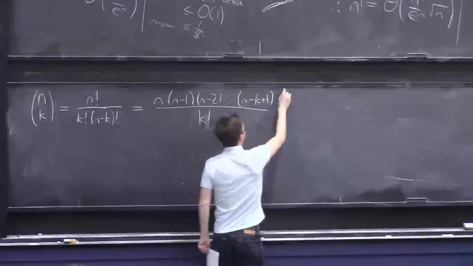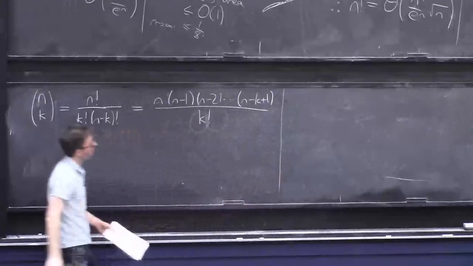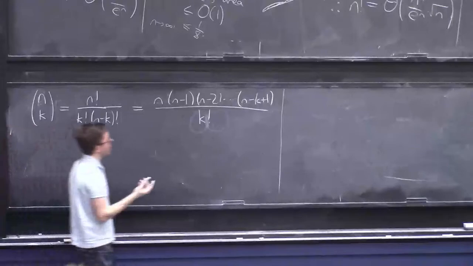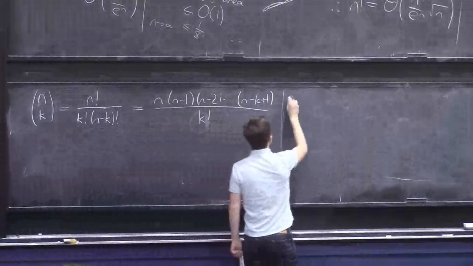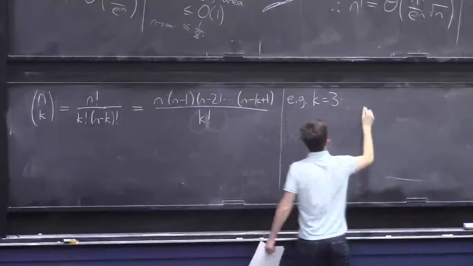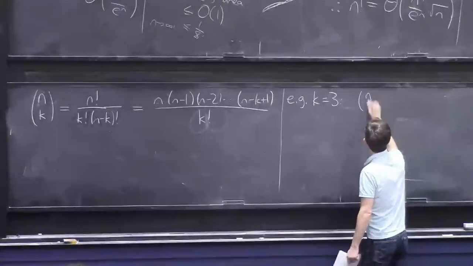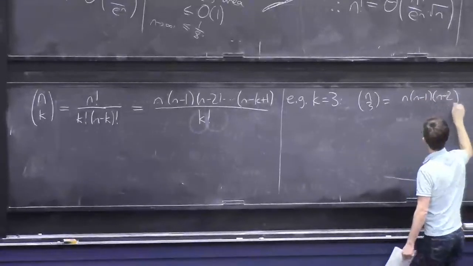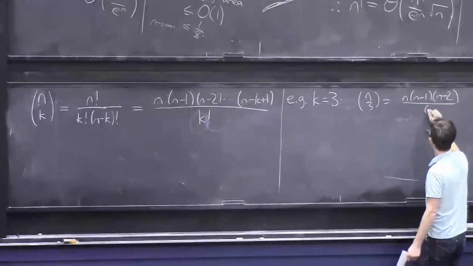And as I said, the way you want to treat this depends on how big or small k is. For example, imagine k is 3. Well, then n choose 3 is n, n minus 1, n minus 2 over, well, 3 factorial is 6.